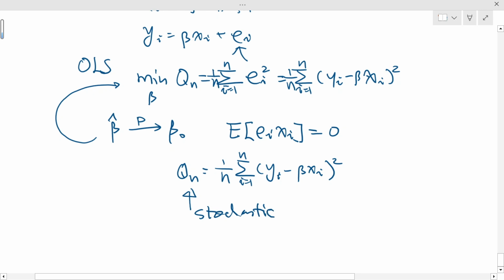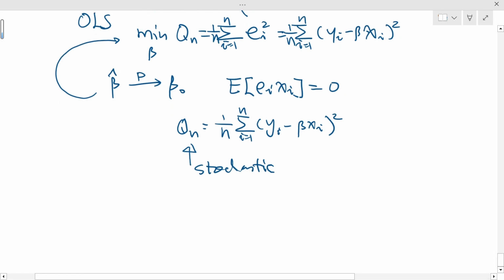This is not so good, because whenever we have a new random sample, we end up with a different criterion, and we minimize this different criterion. It's not clear why this is good. So now I want to show that minimizing the sum of squared errors is indeed a good criterion to minimize.